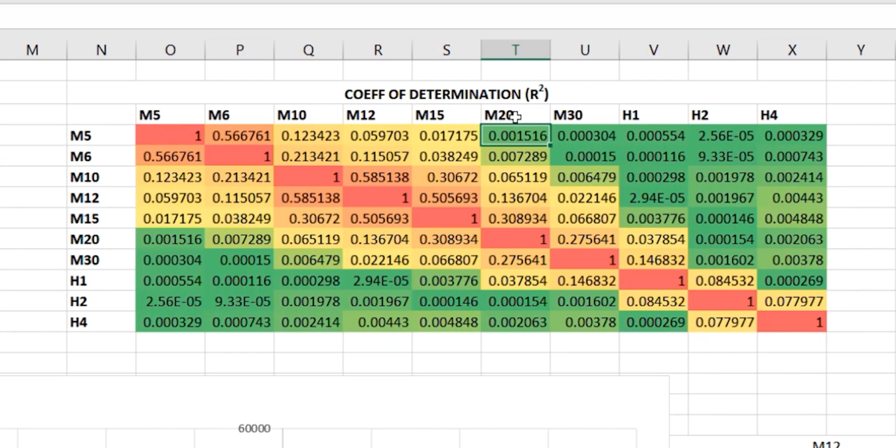And so the multiple between M20 and M5, which of course is 4, in this case tends to guarantee that that correlation will be relatively low. If we go the other way, we can see that this occurs on the H2 chart. And so in this case, it's actually a multiple of 6.